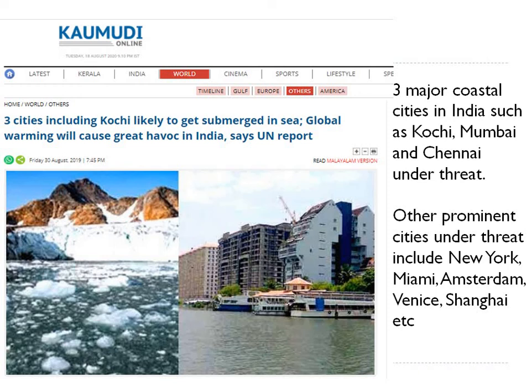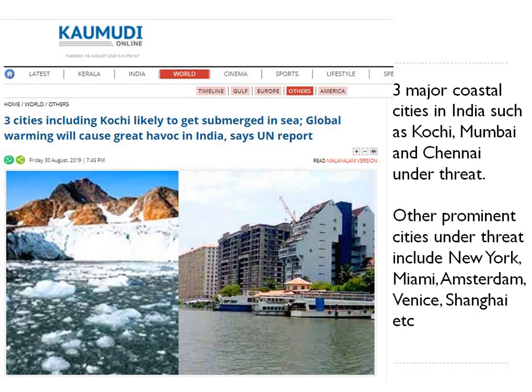This is a news article dated 30th August 2019, that is last year, approximately the same time. 3 major coastal cities in India, such as Kochi, Mumbai and Chennai, are under threat. They might be submerged in sea due to global warming. So global warming will cause great havoc in India. This is a UN report.